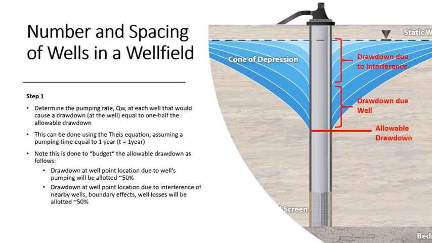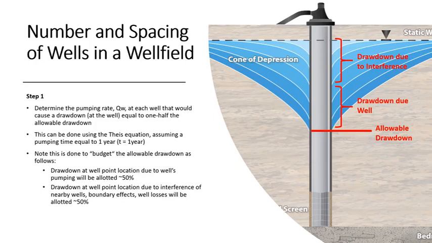So we just look for the pumping rate that will correspond to half of the allowable drawdown. And this can be done using the Theis equation, assuming a pumping time equal to 1 year.